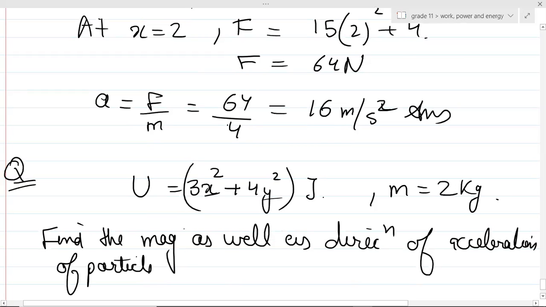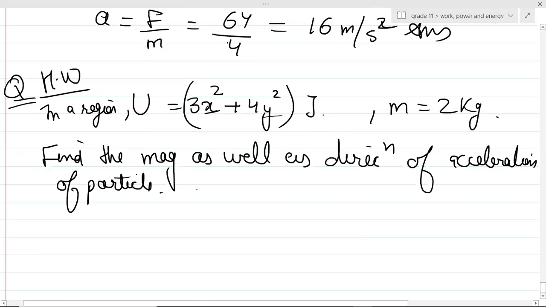You need to calculate the magnitude as well as the direction using the concept of vectors. At 1 comma 1, you have to tell.